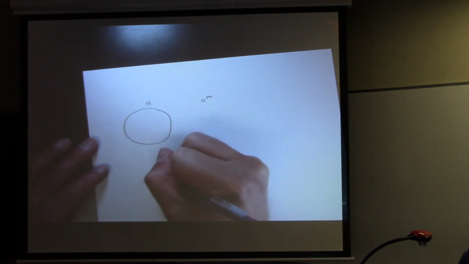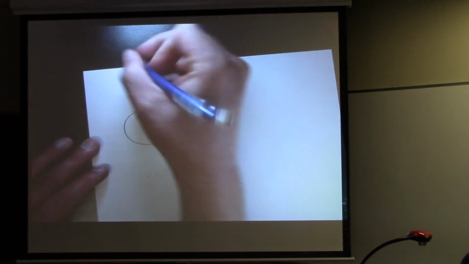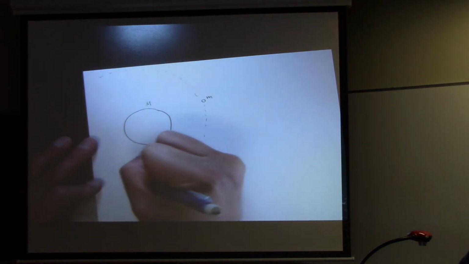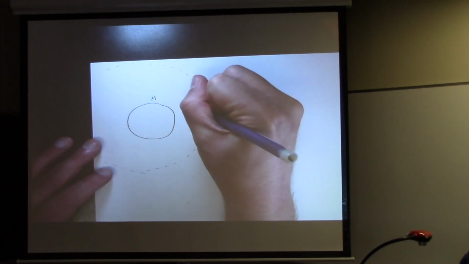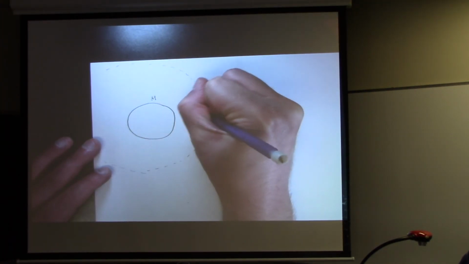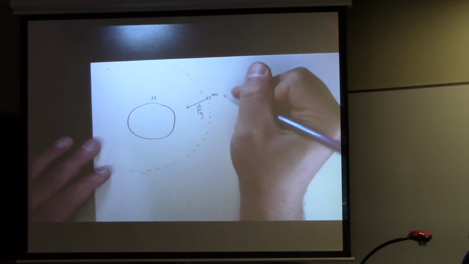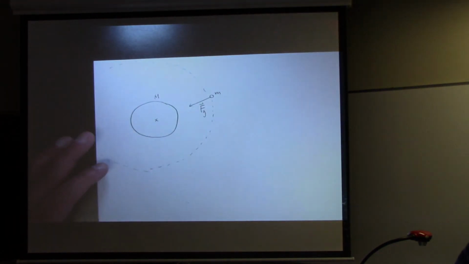So the space station is in circular orbit around the Earth, just like this. And what's keeping it moving in a circle is some kind of force going in. Well, what's that force? It's gravity. The force of gravity acting on the space station is what pulls it in towards the center of the Earth and keeps it moving in a circle.